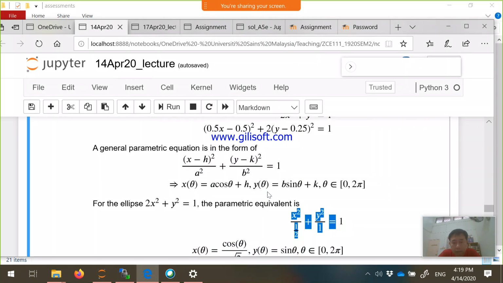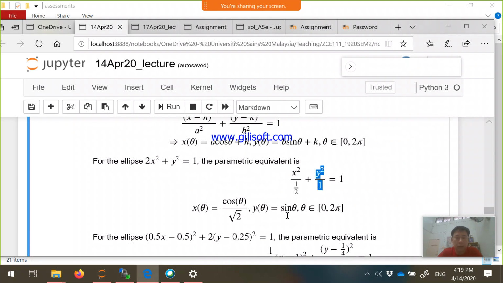Then you just have to compare. For example, the number that goes into the denominator a squared is half. So that means for this parametric equation, a squared is half. Therefore, a is just 1 over the square root of half. Whereas the b for this ellipse is just 1.